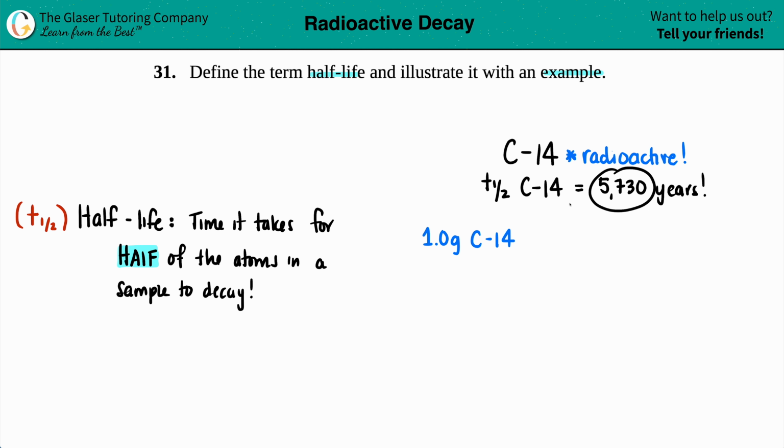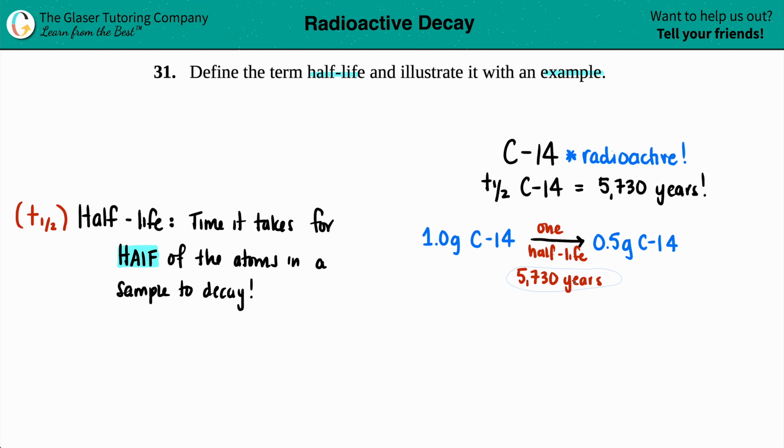It's going to take 5,730 years for that 1 gram sample to decay into 0.5 grams of C14. So the time it took was one half-life, because you're dropping it down to 50%. So 5,730 years had to pass.